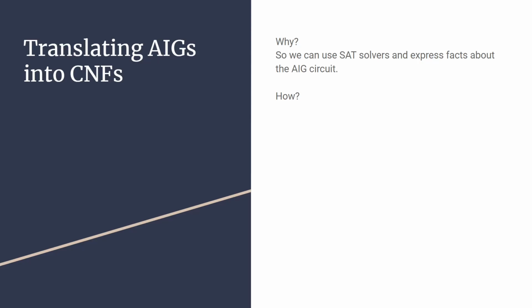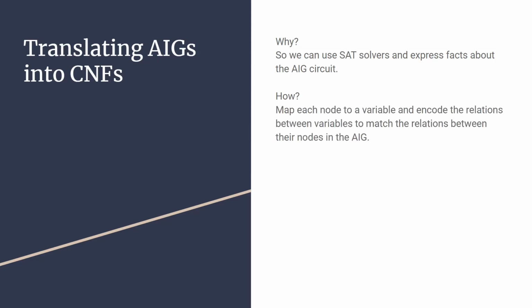And by that encoding, that mapping between node to variable, we can then refer to multiple things in the graph, and we can encode AND gates, and it will all make sense. So that's it. We map each node to a variable, and then we go from there.